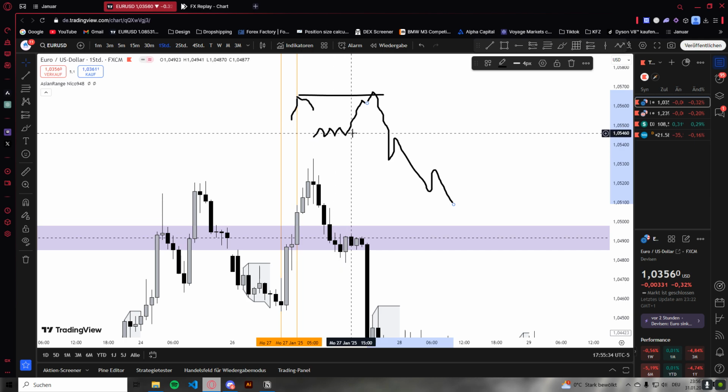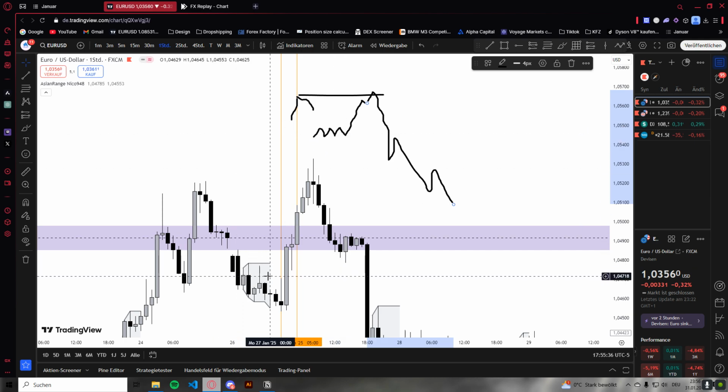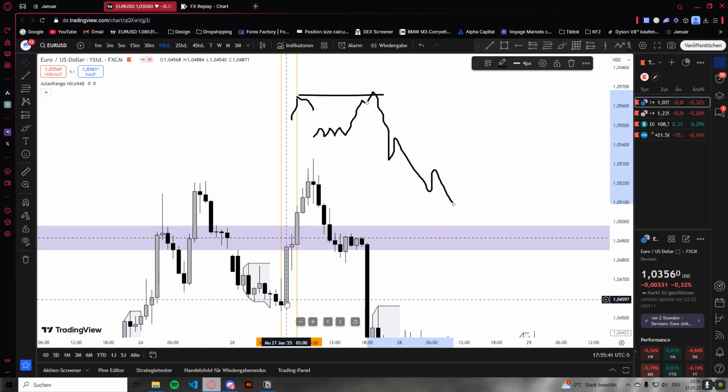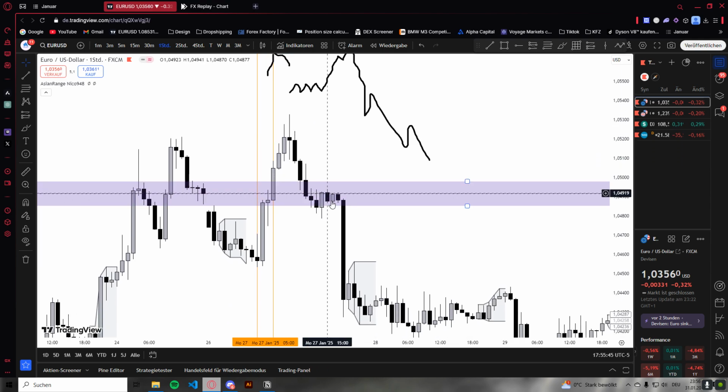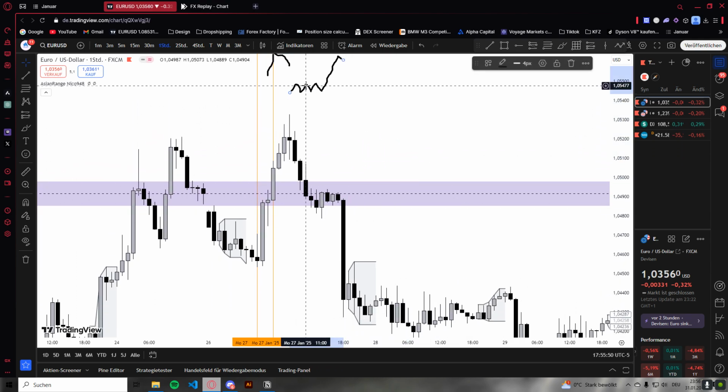So we have the accumulation phase, which we can count as the Asian range, then a manipulation in London, then the distribution in New York. That's a really good example today.